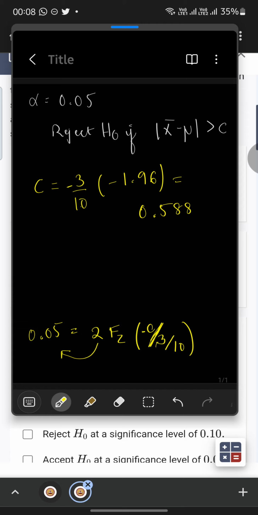Okay, so we already know that 11.8 minus 10.5 will be greater than c, which is the critical value. So the z test at the significance level of alpha will obviously reject our null hypothesis, right? So we can say that option number D is correct. I hope you get my point here.